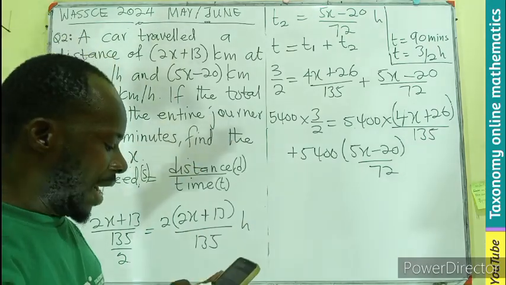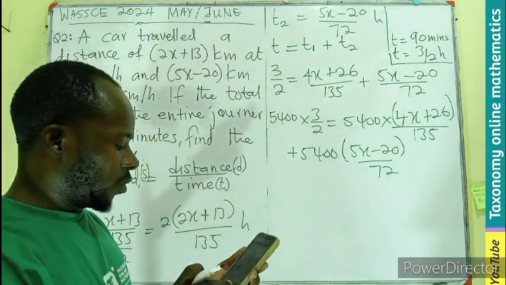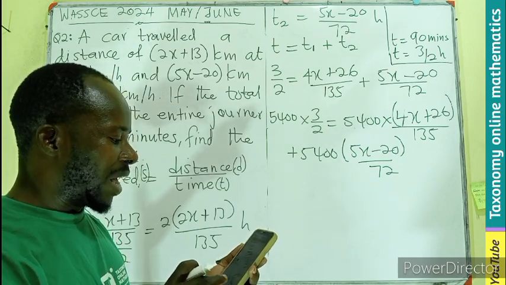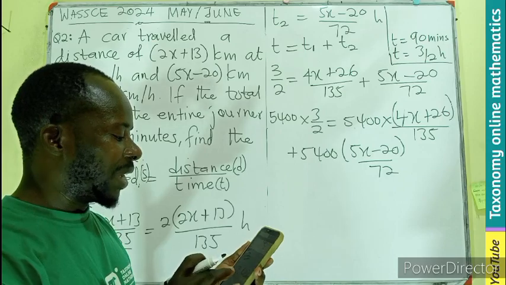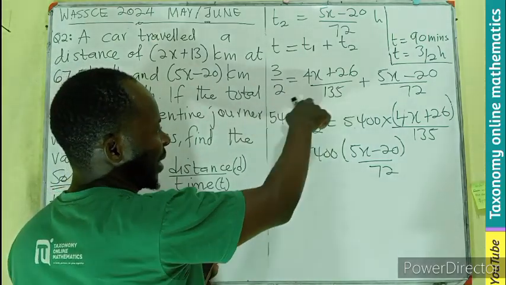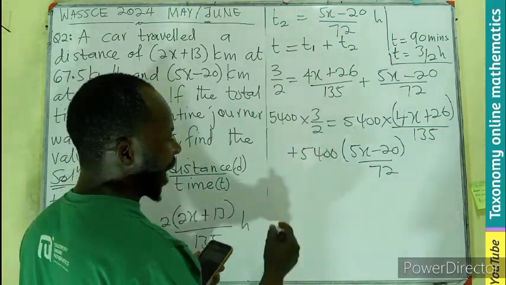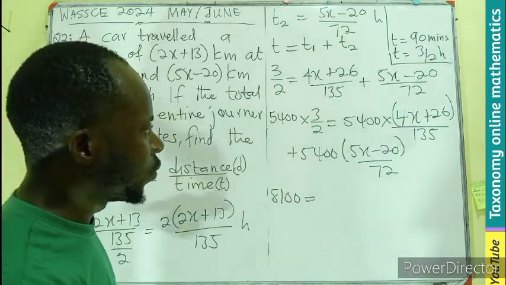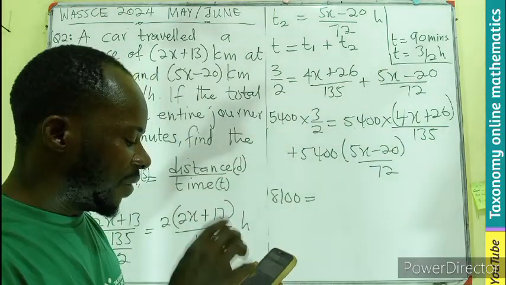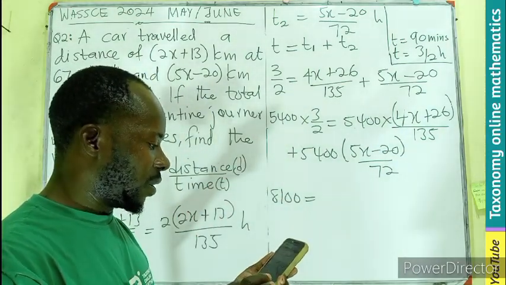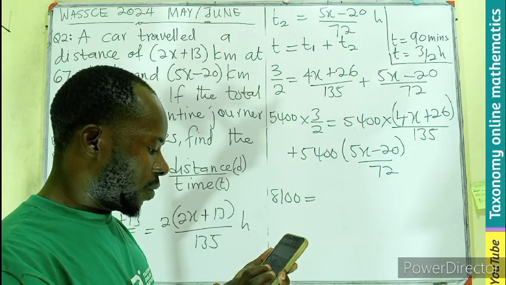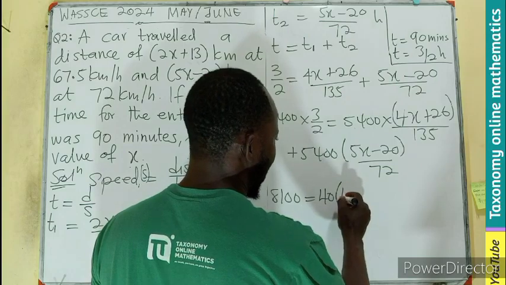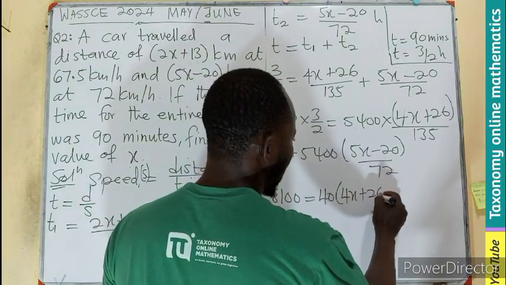Let's simplify. 5,400 divided by 2 is 2,700, times 3 gives 8,100. Then 135 dividing 5,400 gives 40, multiplying the bracket 4x plus 26.